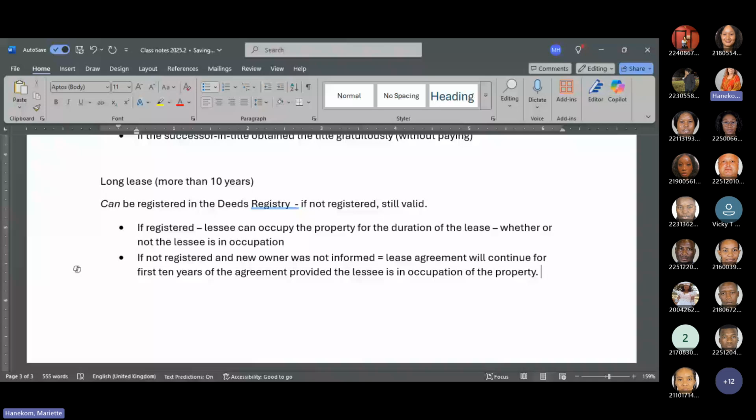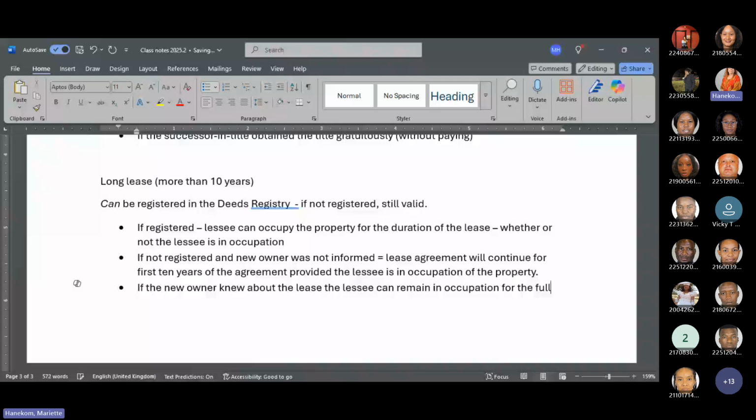After the 10 years has expired, the lease agreement will terminate and the lessee can be evicted, provided they are in occupation of the property. If the new owner knows, whether it was registered or not, if the new owner knew about the lease, the lessee can remain in occupation for the full duration of the lease.